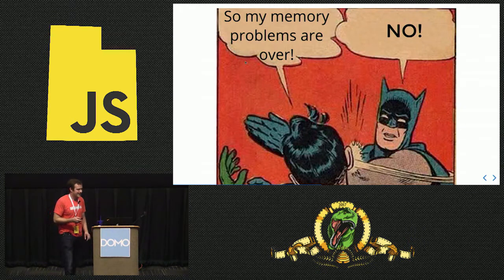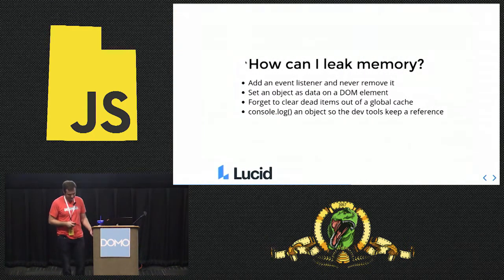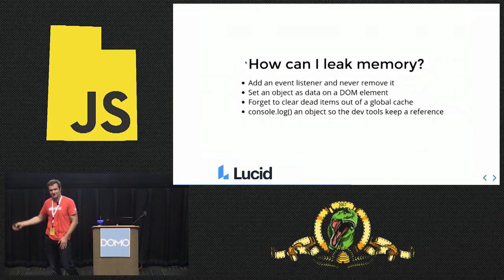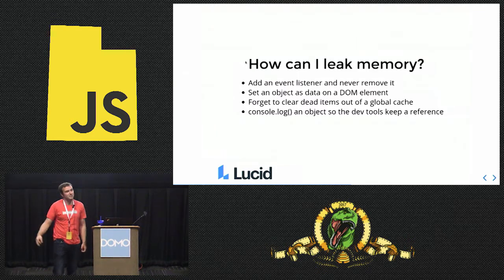Wrong. It turns out that memory leaks are really, really easy to cause in any environment, including JavaScript. How can you leak memory that doesn't get automatically reclaimed? Well, you could add an event listener to some DOM element from your class, and then you think you've thrown away all the references to that class, but the event handler is still in the list of event handlers on the DOM element, and guess what?